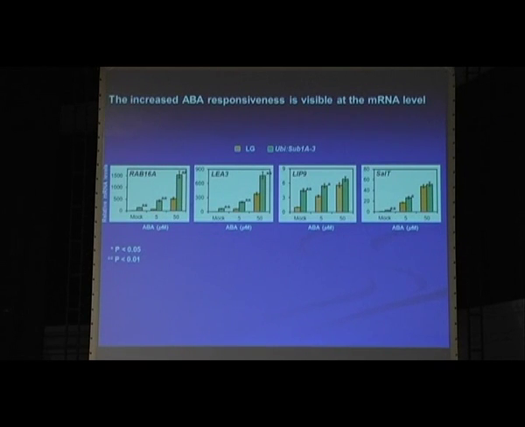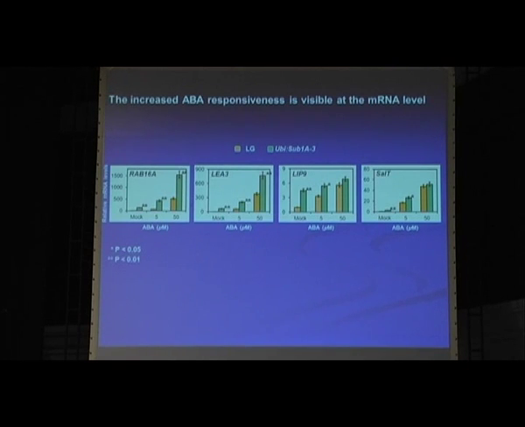We selected ABA-inducible genes. All of them are highly induced by ABA, and also they are all dehydration-induced genes. And interestingly, even under mock condition, no ABA condition, we observed constitutive expression of these genes. So this indicates SUB1A acts upstream of these transcripts.